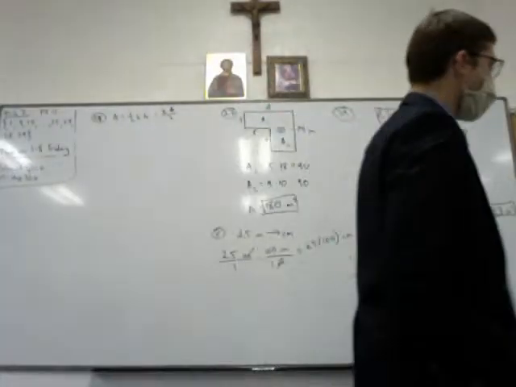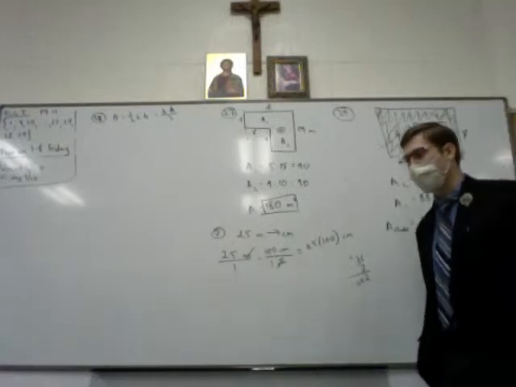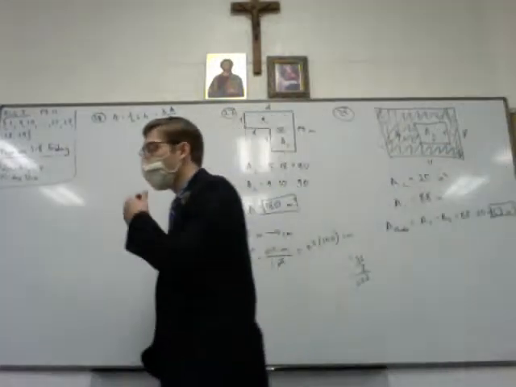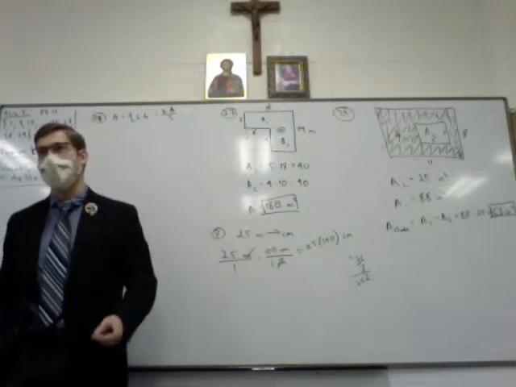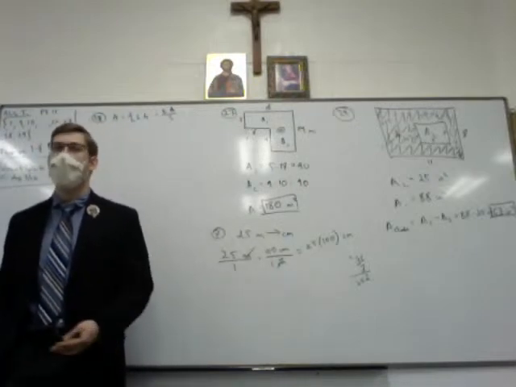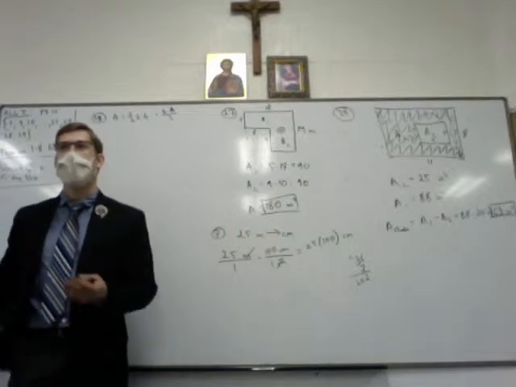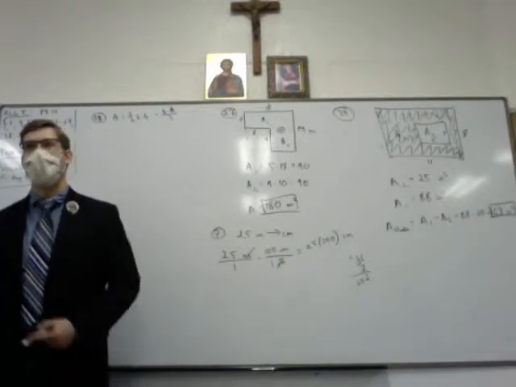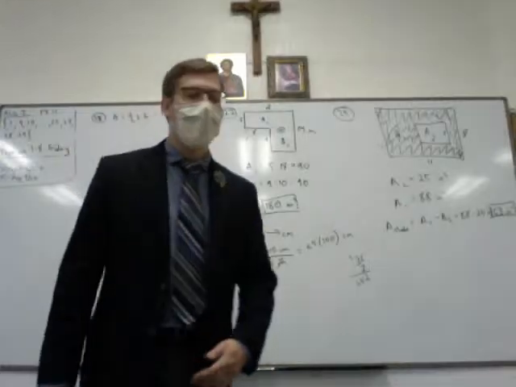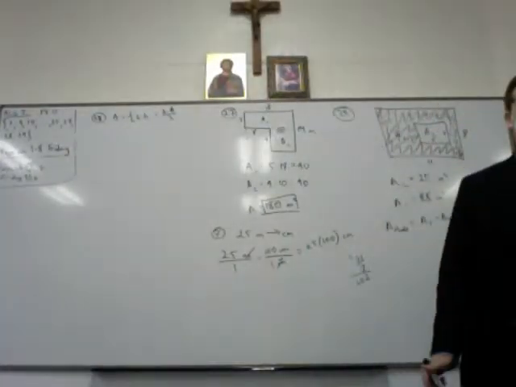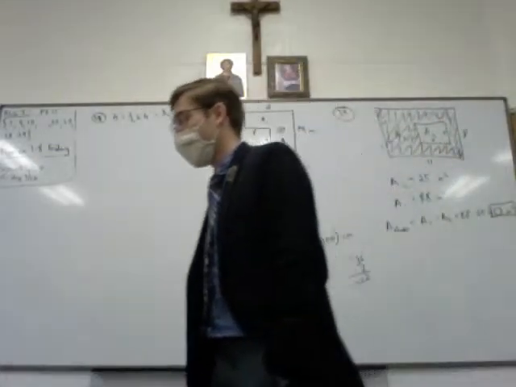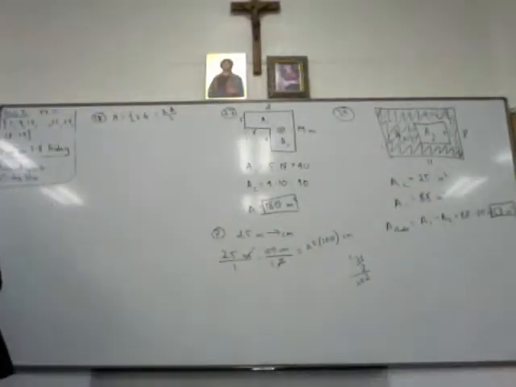In general, I ask that you show work on tests because, first of all, with this kind of problem, it's clear that you don't need to have written down work to get the correct answer. So that's not an issue for me. The issue is that if you get it wrong, I don't have anything to give you partial credit with. If it's a problem where there really should be work, like you couldn't just do it in your head, and I don't see any work, then I'm going to have some questions.